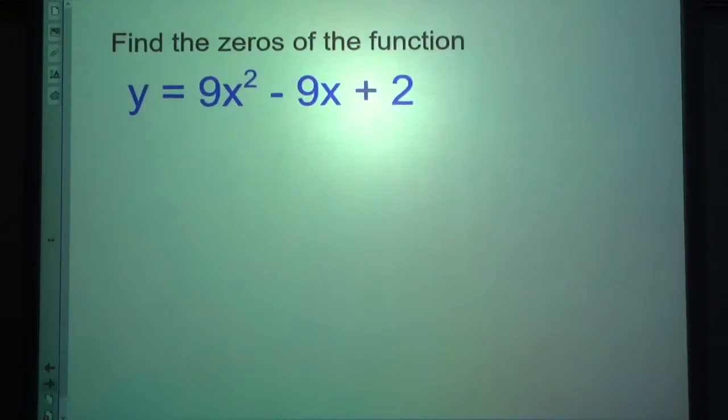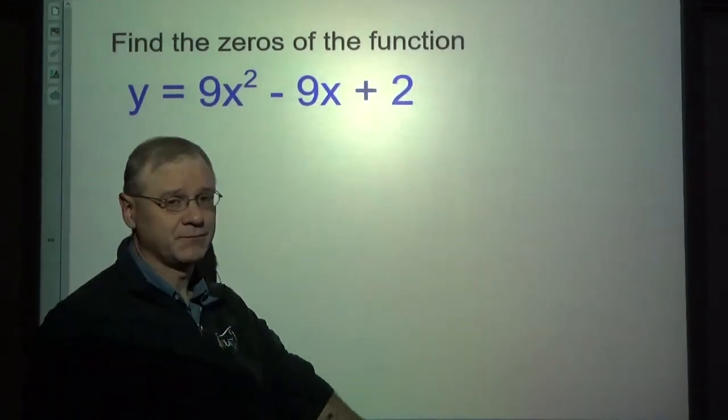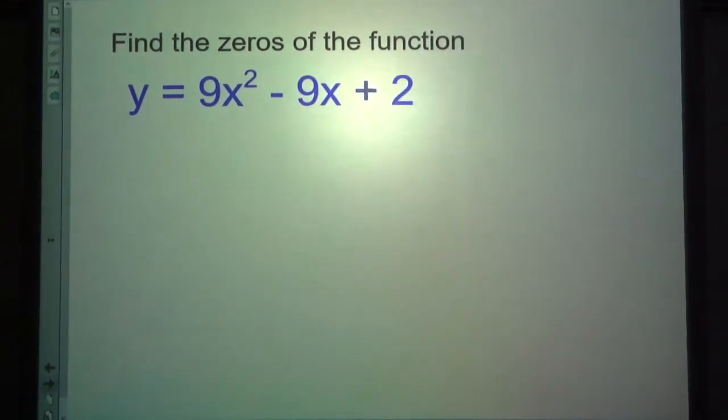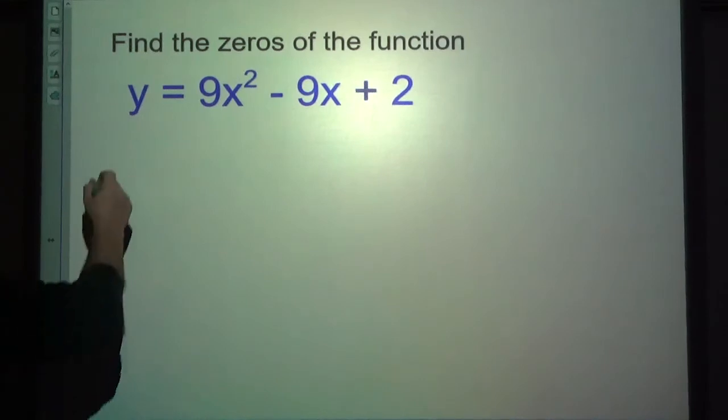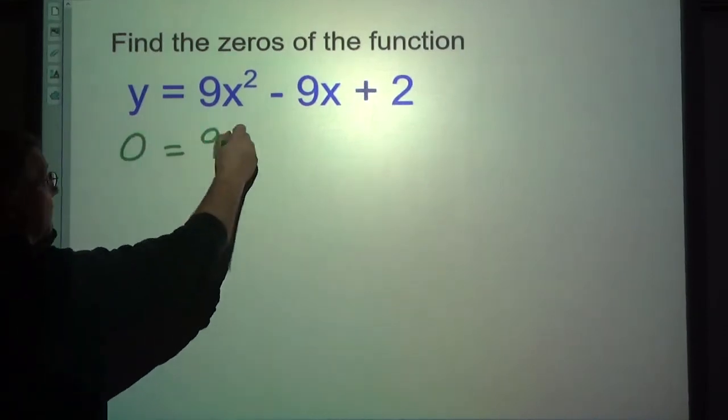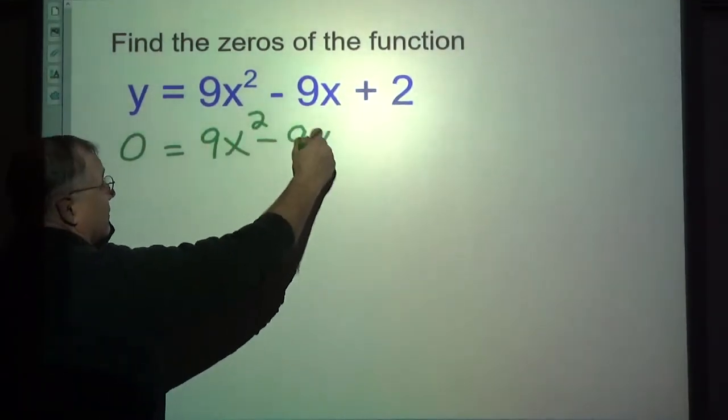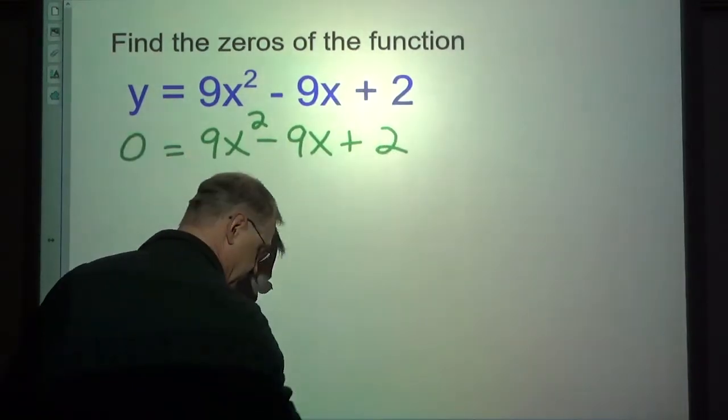All right, let's take a look at the next example. Oh, it says find the zeros of the function, and they put y in there. But they've got x on the other side. Well, all this really means is put 0 in for y and solve for x.